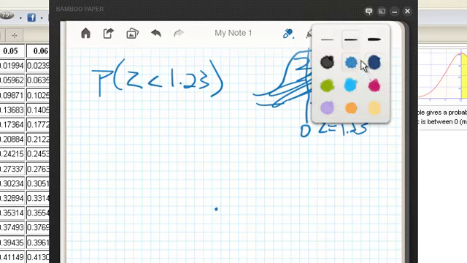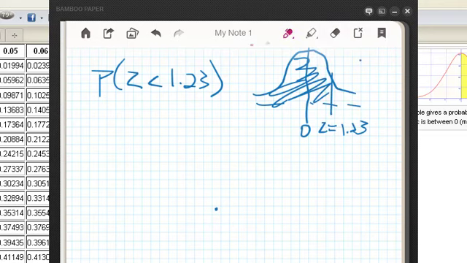But remember, this is a symmetric curve, and I know that the area under the whole thing is always 1, which implies that all of this area here is half of 1, or 0.5. So if I come over to my chart and I find 1.23, so here's 1.2, and then I go over to 3, I get 0.39065.